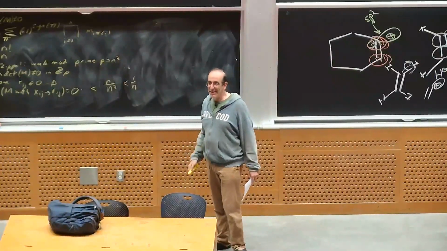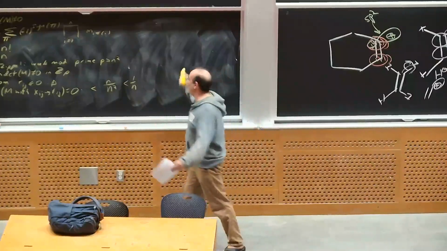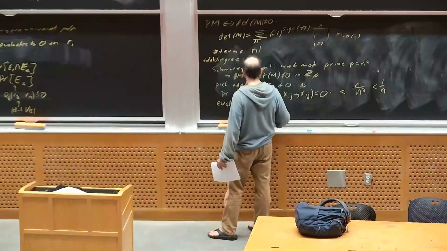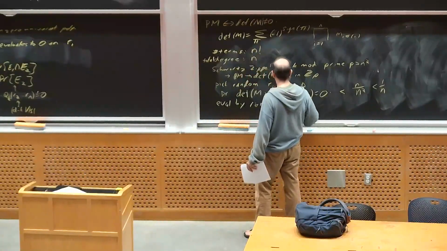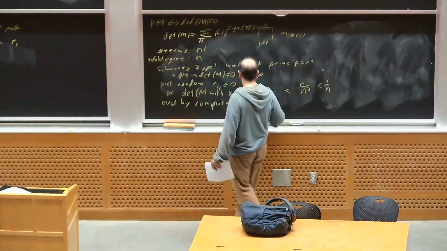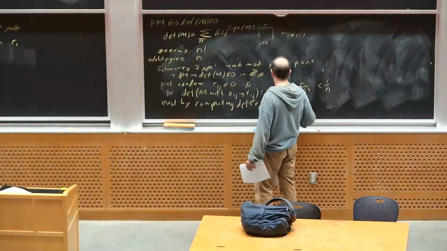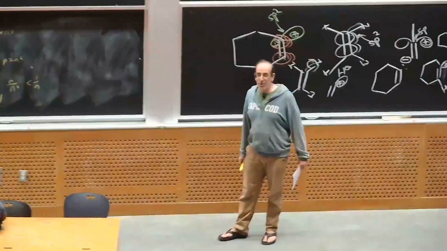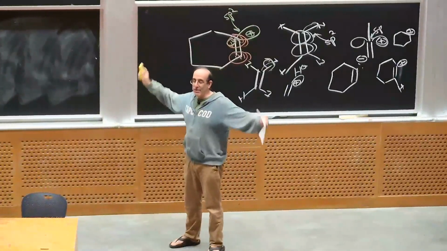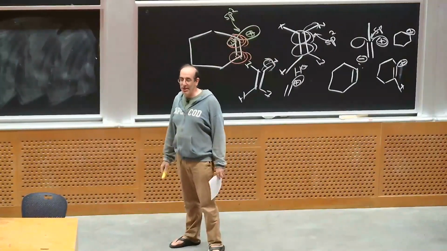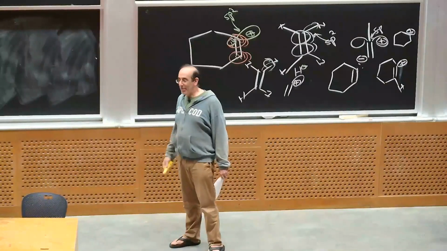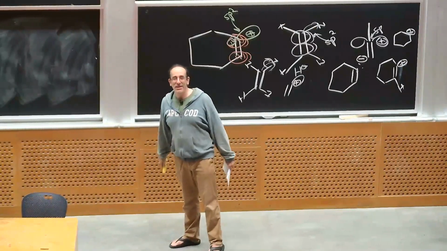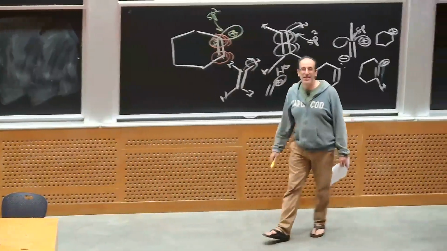It's a determinant. So just compute the determinant. We can check whether there's a perfect matching by just throwing random numbers into the adjacency matrix and computing the determinant. That is probably not something that you thought of when you walked into class today. So how do we evaluate the determinant?